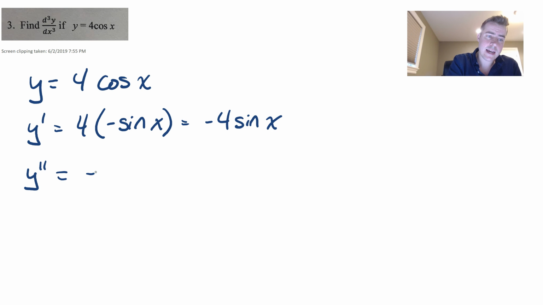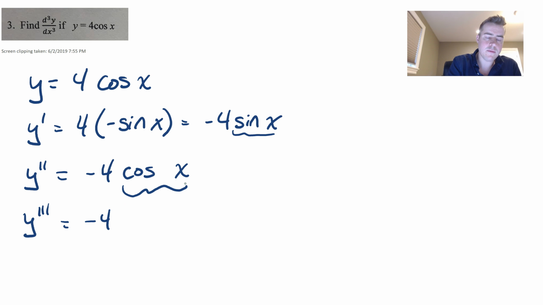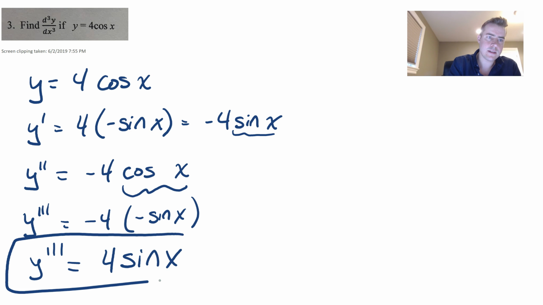So the derivative of this sine here, I just write as cosine x. And then the third derivative is negative 4 times the derivative of the cosine, which we said was negative sine x, and negative times a negative is positive 4 sine x. There you go.